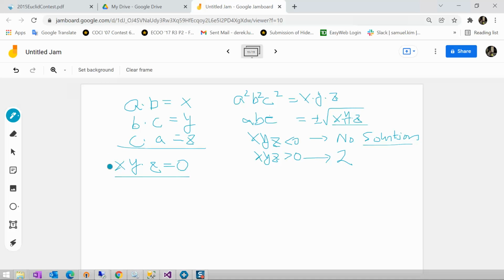So now we start from here. Now we study again. If one of them is 0, let's say x is 0, y and z are not 0, right?